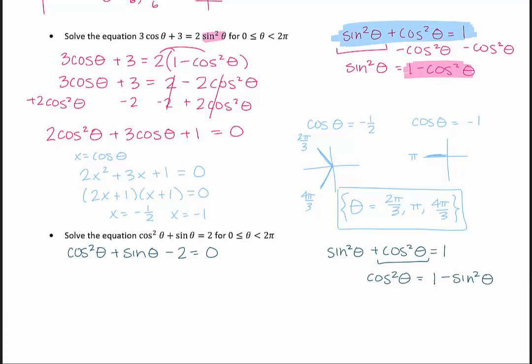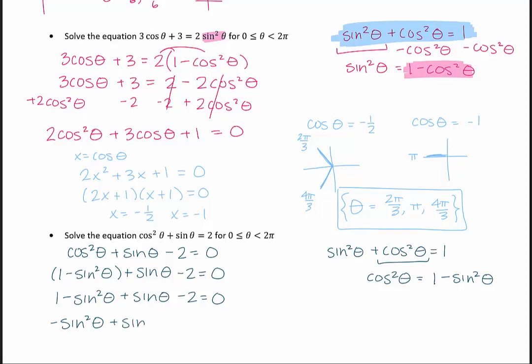So I'm going to replace it: 1 minus sine squared theta plus sine of theta minus 2 equals 0. Let's combine like terms. Negative sine squared theta plus sine theta, and 1 minus 2 is negative 1, equals 0.